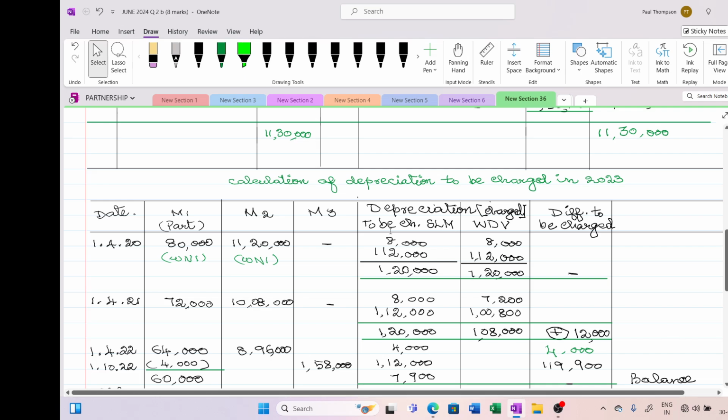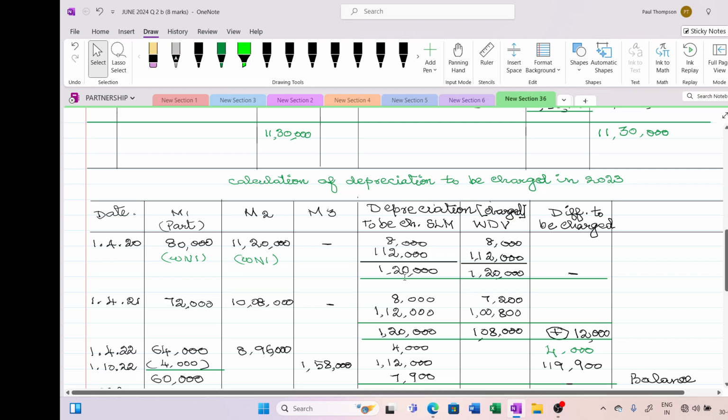Now here I have written depreciation to be charged, because now they have changed the method to SLM. Now, what was charged already? WDV. So, what is the difference to be charged in the current year? This is what you have to work out. Okay. So, now 80,000, 10% is 8,000, and for 11 lakh 20,000, it is 1 lakh 12,000.